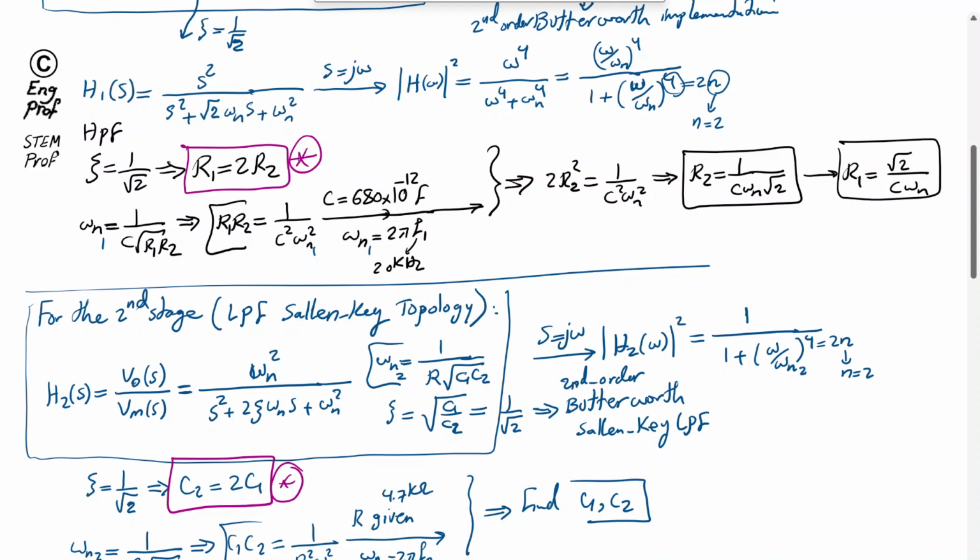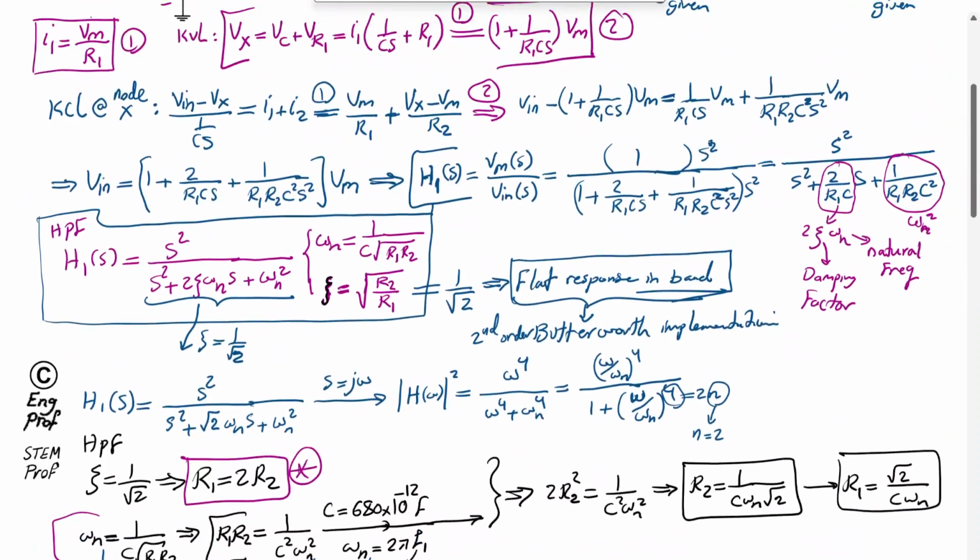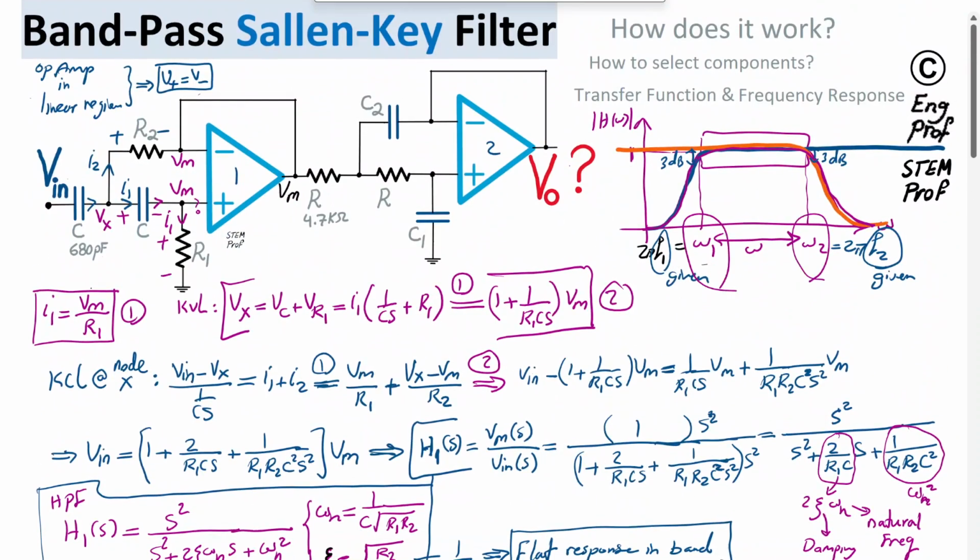And we also need to get the proper values of omega n1 and omega n2, which means the value of these components. As an example, these guys are known, 680 picofarad.